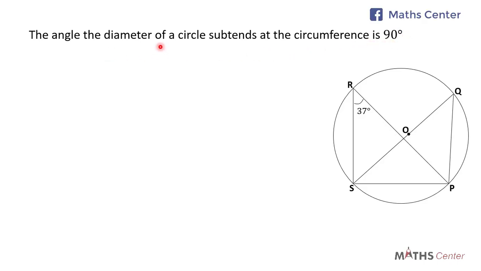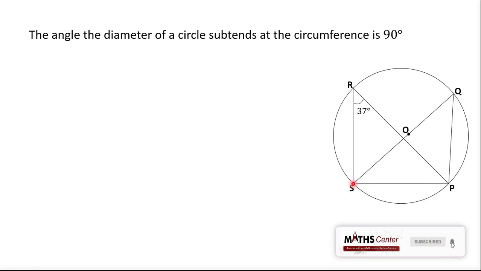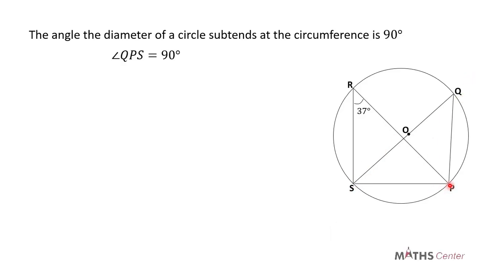In our diagram, we can see that the line SQ is a diameter because it passes through the center O. So the angle at point P, which is subtended by the diameter SQ, is 90 degrees. So the angle QPS is 90 degrees.